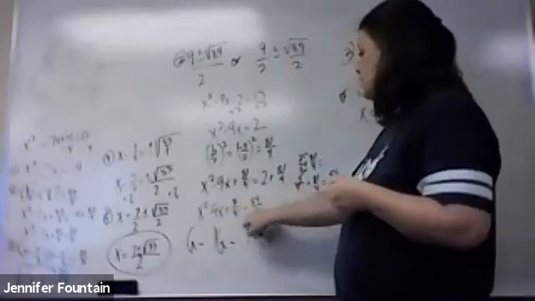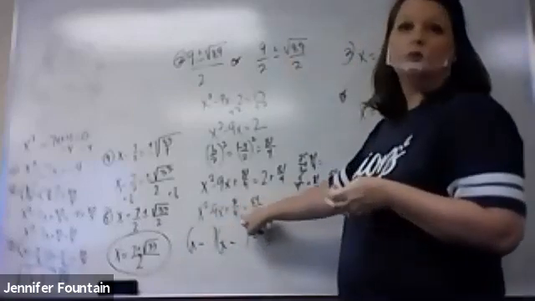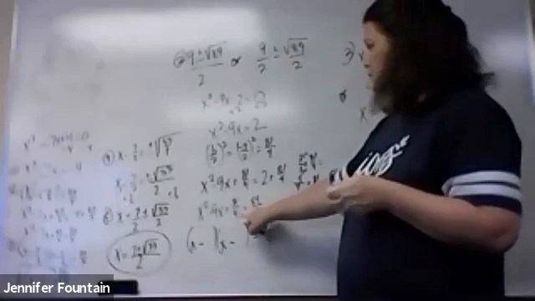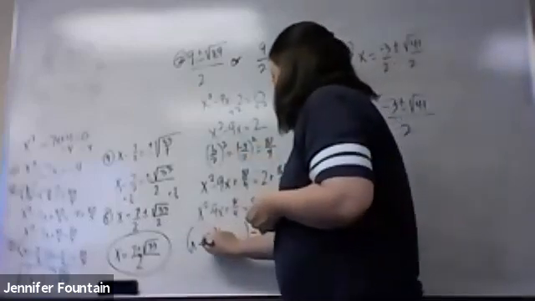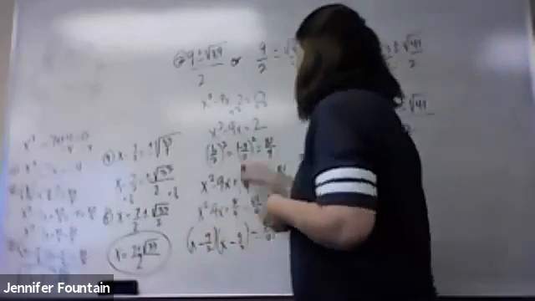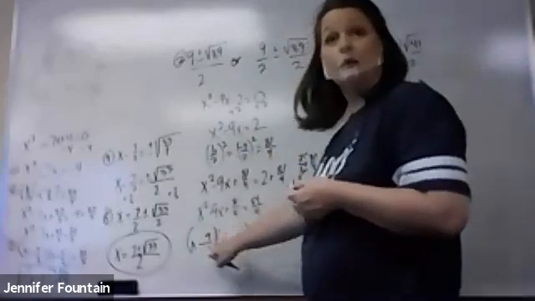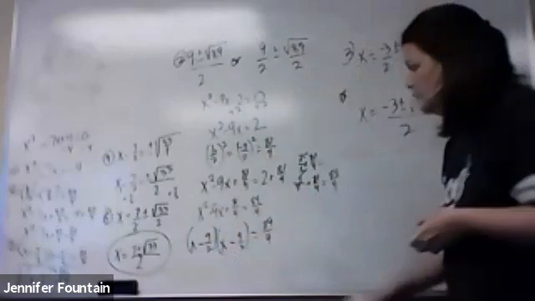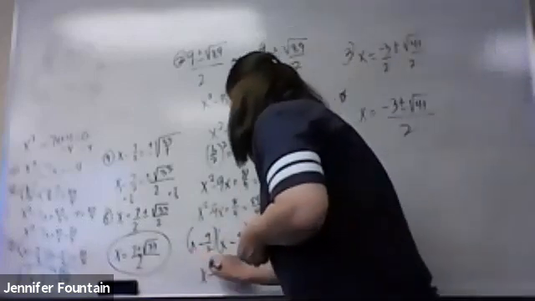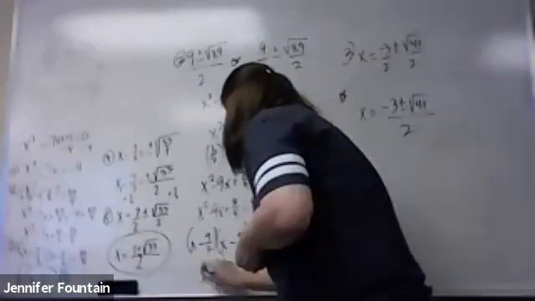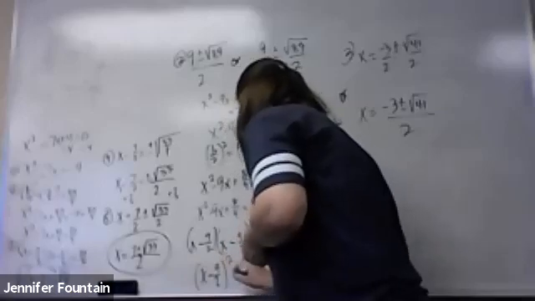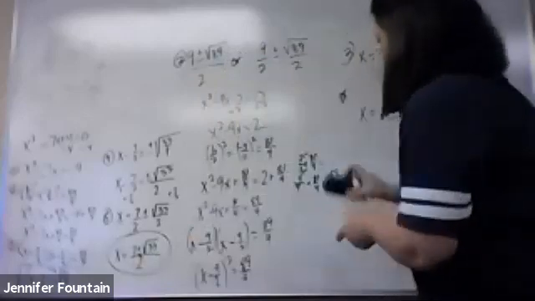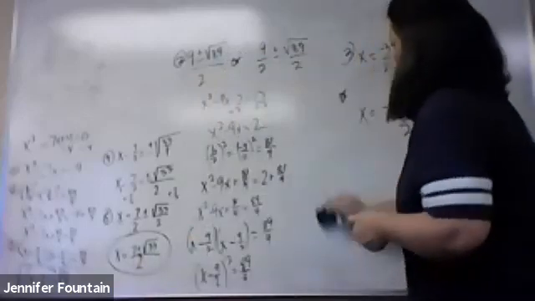What is the square root of 81 over 4? 9 over 2. And remember, it was negative 9 over 2, and we've got that in our problem. Okay? So I can rewrite that as x minus 9 over 2, put that in parentheses and square it, is equal to 89 over 4.